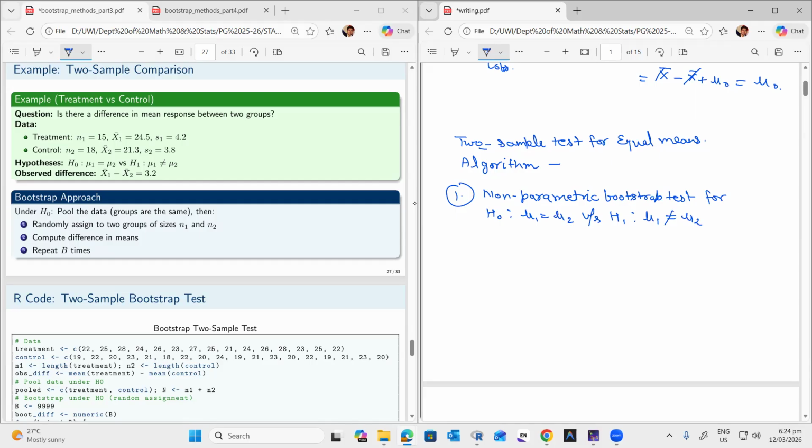All right. So in the first step, what we need to do is pool the data.